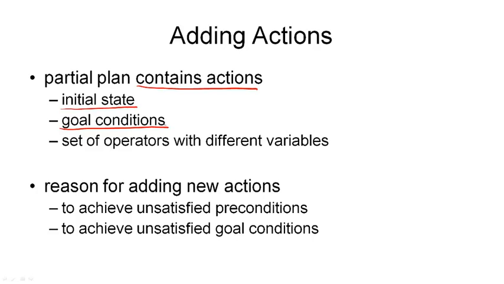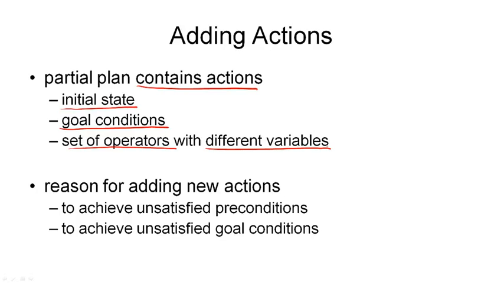Normally, most of the actions in our plan will be partially instantiated operators from our domain. One thing that is important here is that when an operator is added to our plan as a partially instantiated action, it gets a new set of variables that is different from all the variables we've previously used. So the actions in our plan don't share variables. Adding an action to a plan is a plan refinement operation.